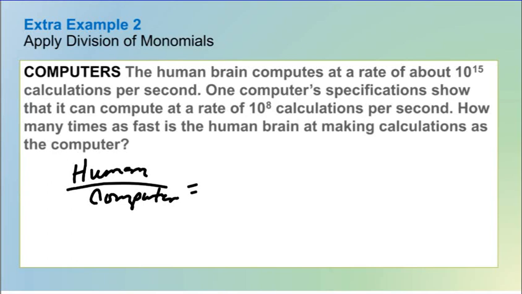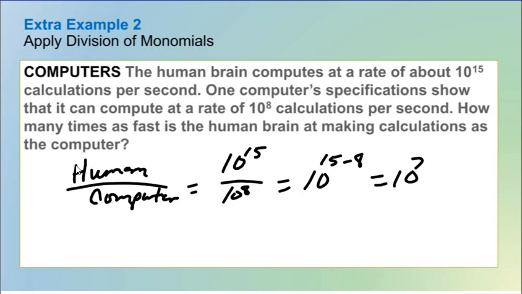So for the human, it is 10 to the 15th divided by the computer, which is 10 to the 8th. When we have like bases and we're dividing, we subtract the exponents. So this would give us 10 to the 7th power, and 10 to the 7th power would be 10 with 7 zeros.